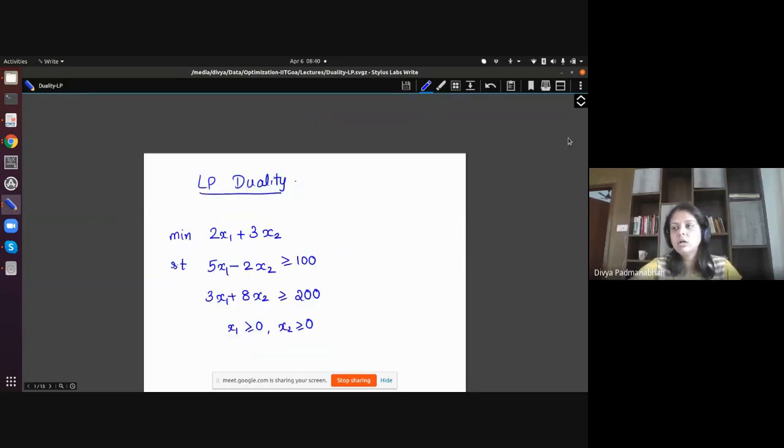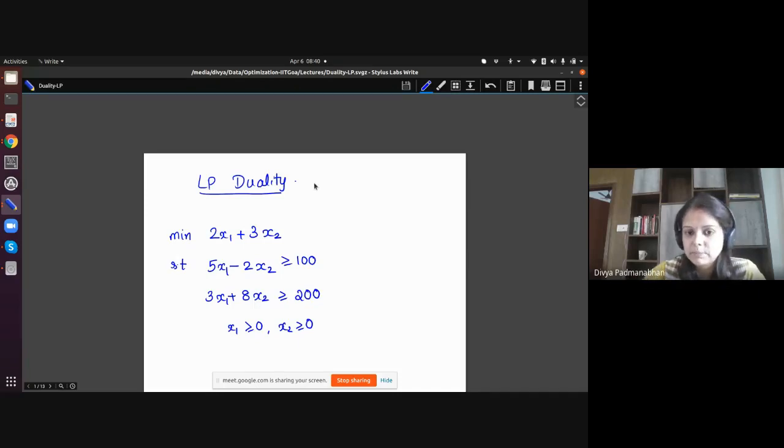The dual is usually defined for any constrained optimization problem, so it's a general form, but I thought it's useful to see duality in the linear programming context first, because we now know that linear programs are the simplest form of constrained optimization problems, with convex regions and exactly linear objective.